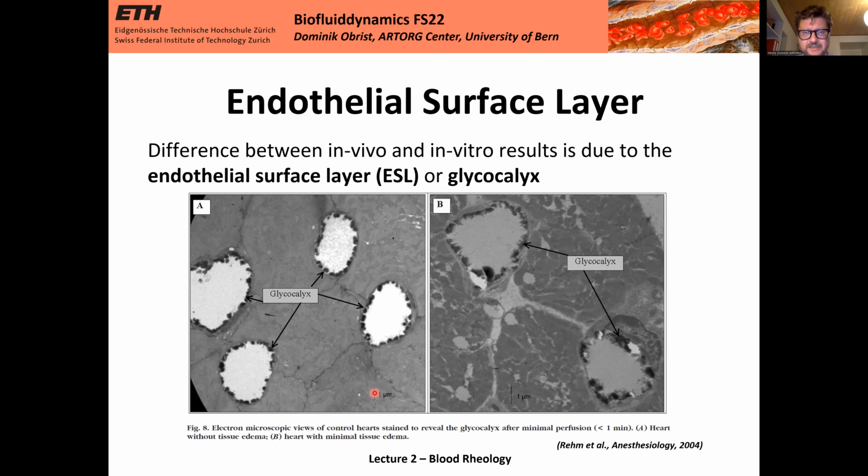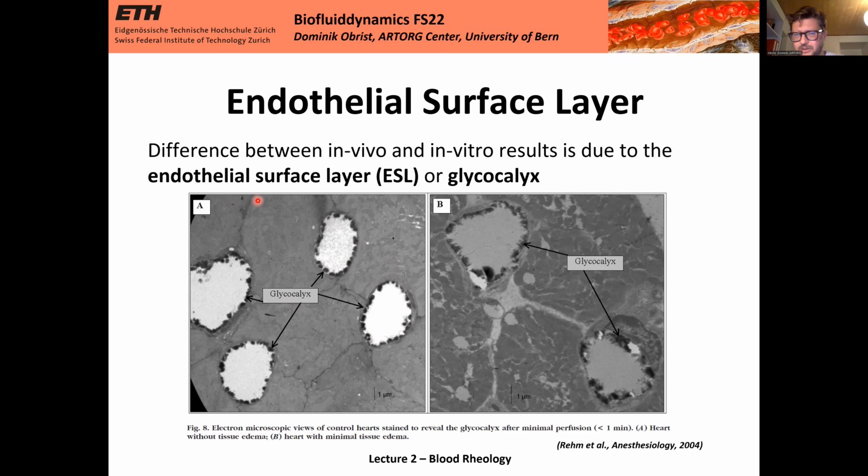You see here a scale bar, and these black things look a bit like grass growing on the surface. This is called the glycocalyx, or some people talk more generally about the whole endothelial surface layer, and the glycocalyx is part of that. So what are these?